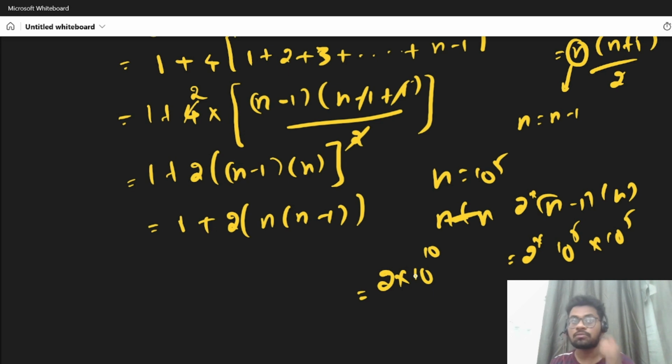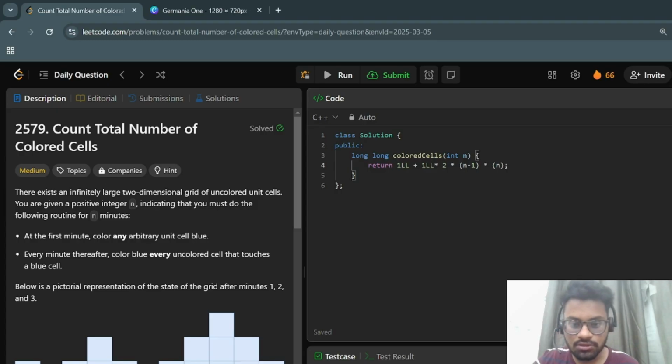Then it will give you an integer overflow error. So to get rid of that edge case, and also to return a long, we just multiply with long 1. Multiplying with 1 doesn't make any change to the output, so we're just multiplying with a long on each side.